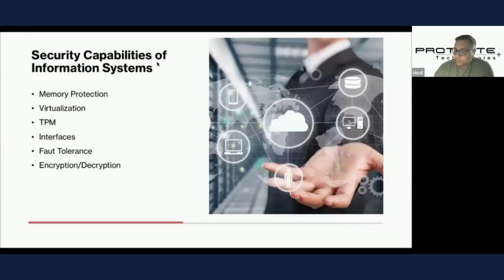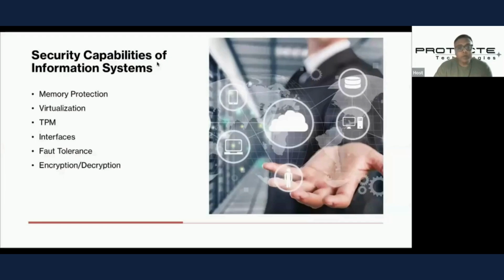Then you have TPM. What is a TPM? It's a small cryptographic module. Earlier, say you wanted to surf a website, the keys were stored in the browser itself, or in an application which was sitting on the hard drive.